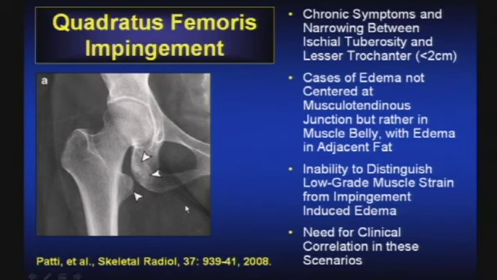We like to look at the secondary findings of impingement because that makes us really believe that things are happening. As you would look, for instance, for cystic change at the lesser tuberosity in the setting of subcoracoid impingement in the shoulder, here at the ischiofemoral articulation, we want to see contact between the lesser trochanter and the ischium, narrowing of that space, and the secondary findings.